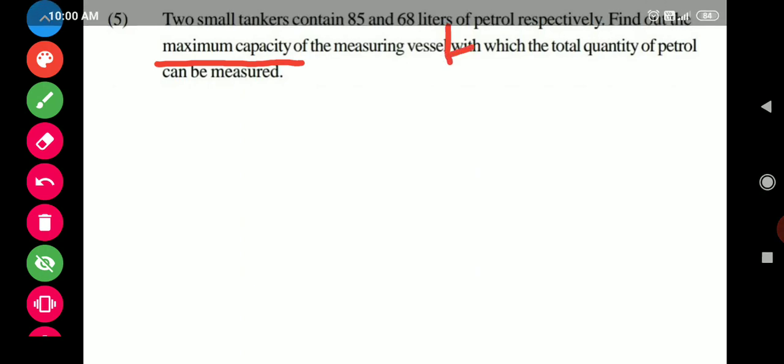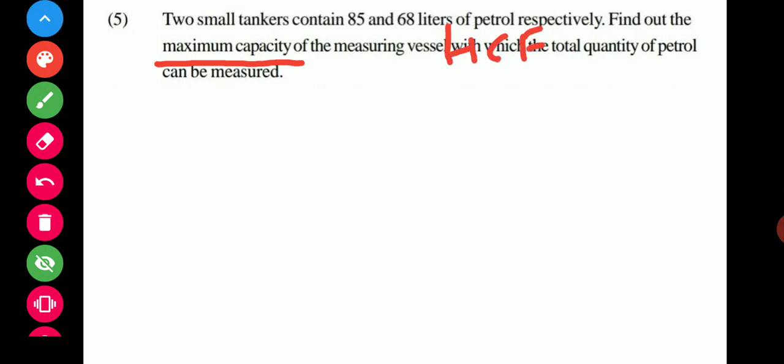So you can find the HCF of both 85 and 68. It's your choice, you can use any method. I will do it with the help of the prime factorization method. First of all, 85 is divided by 5.